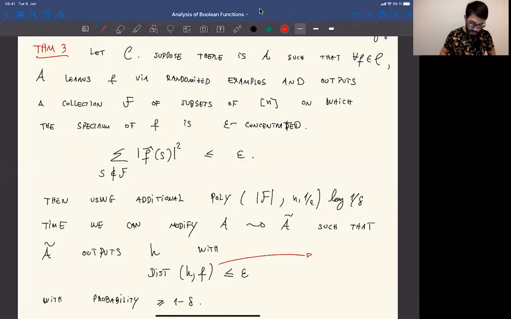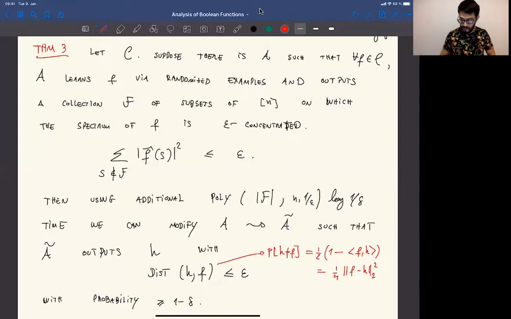For Boolean functions, this is equal to this, which is also equal to 1/4 of the norm of f minus h, L2 squared. Well, I should say exactly what this is. By definition it is the probability that H is not f, which for Boolean functions is equal to that.